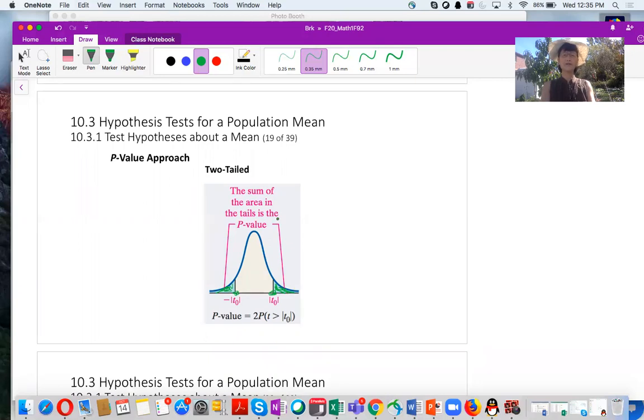Because of the symmetry, we sometimes also just multiply 2 by this right tail area, or 2 by this left tail area, to get the p-value.